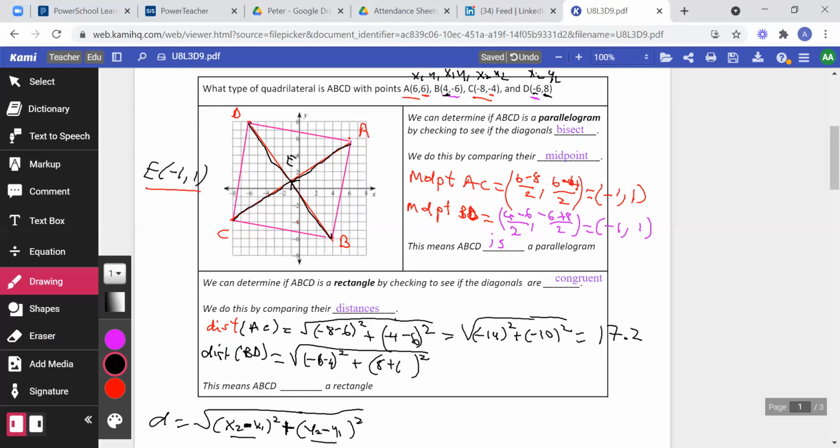Plus. So as you can see, we are having the same numbers. Minus 6 minus 4 is minus 10 square as this guy here. Then 8 plus 6 is what? 14, which looks like this guy. Here it's negative 14, but when you take the square of a negative number, it becomes positive.